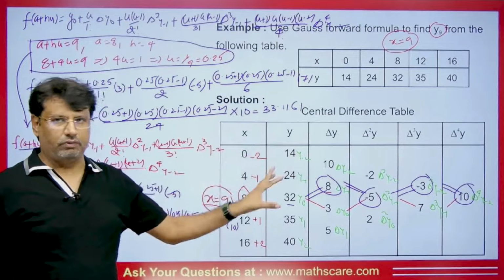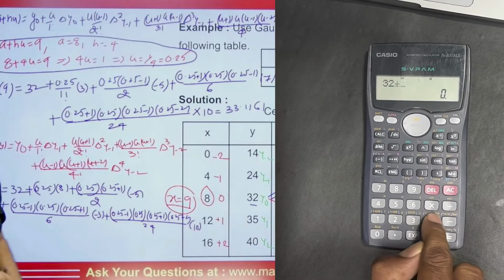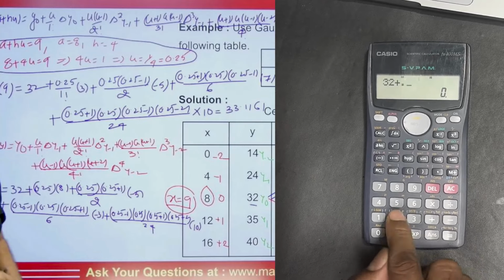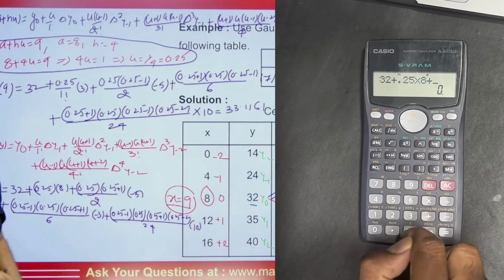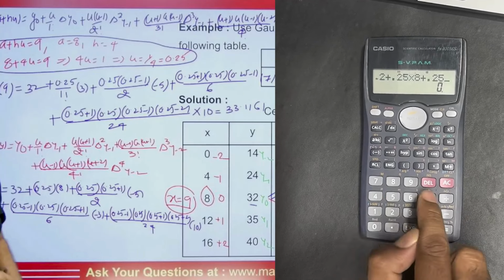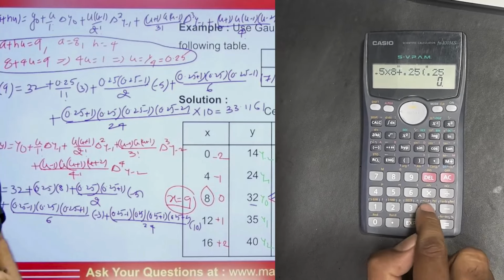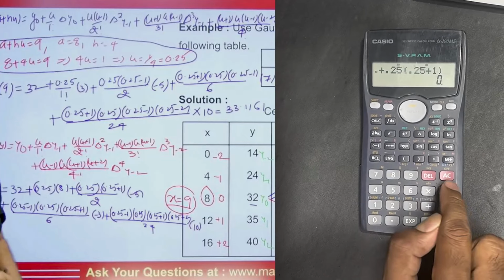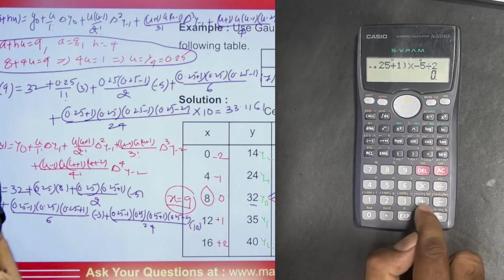How will we do it? Look here, 32 plus 0.25 into 8. Then plus, and what value will we get here? 0.25 and bracket, then 0.25 and plus 1. Did you understand till here? Right? After that, into minus 5 divided by 2 and plus, then we will start the bracket.